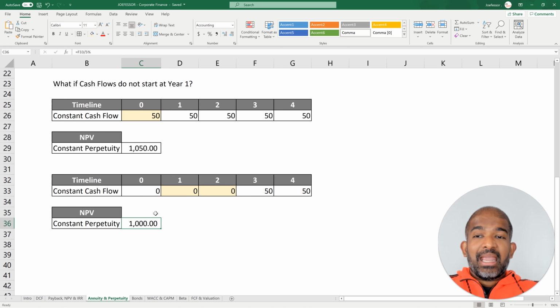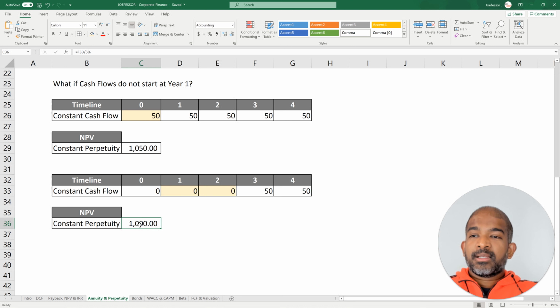Okay, this formula represents the net present value if cash flows start from year 1, as in the valuation is backtracked 1 time period and the valuation is as of year 0. Okay, so if my cash flows had started at year 3, this valuation is representative of my value as of year 2.